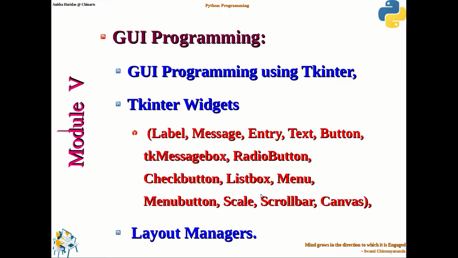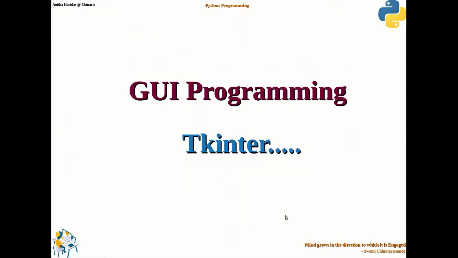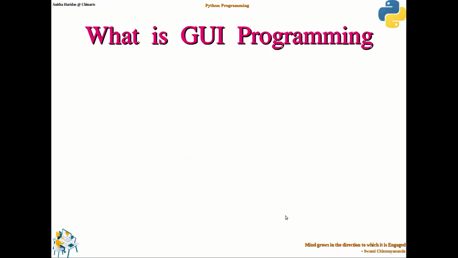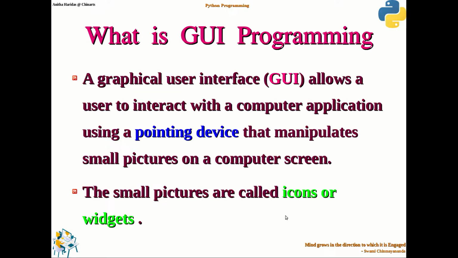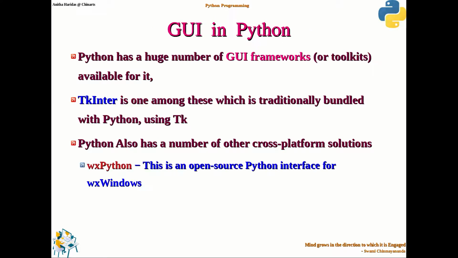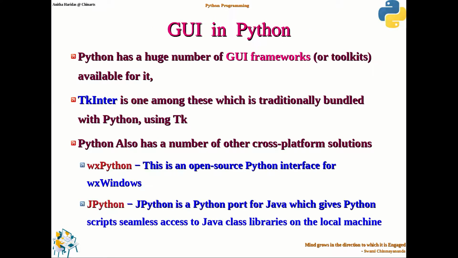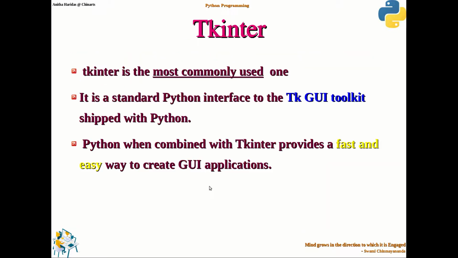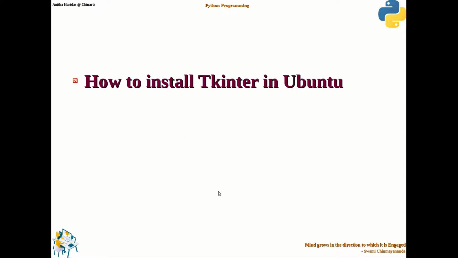We are in the fifth module, and in our previous two sessions we talked about what GUI programming is, then how GUI is handled in Python programming language using tkinter. Then we also talked about how tkinter can be installed in Ubuntu.